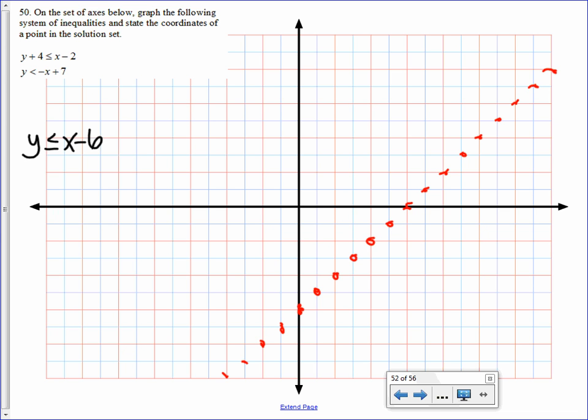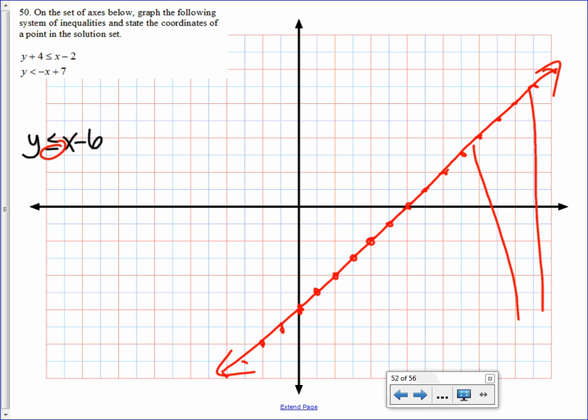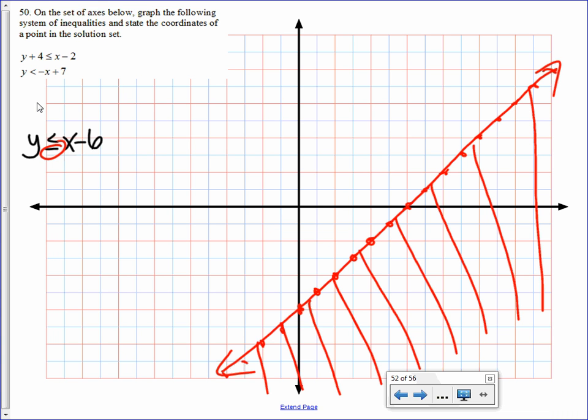It's got a solid line, so it is a solid line. And it is less than, so it is below. Next, we have negative x plus 7. 1, 2, 3, 4, 5, 6, 7.